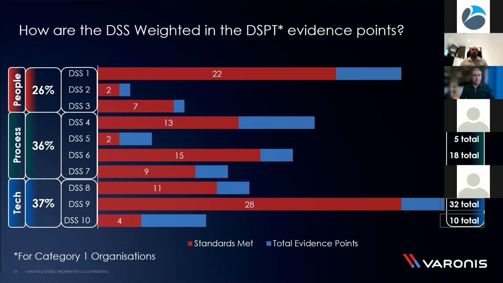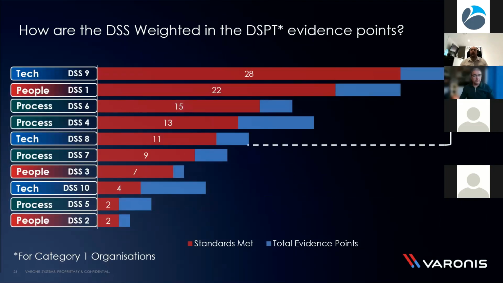Now, if we manipulate this table quickly and spin it so that we've got the highest weighted elements on top, they account for about 80%, 79 point something, of the DSPT evidence requirements, and they are DSS 9, 1, 6, 4, and 8.